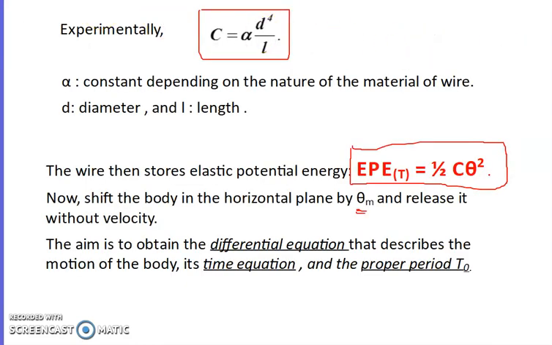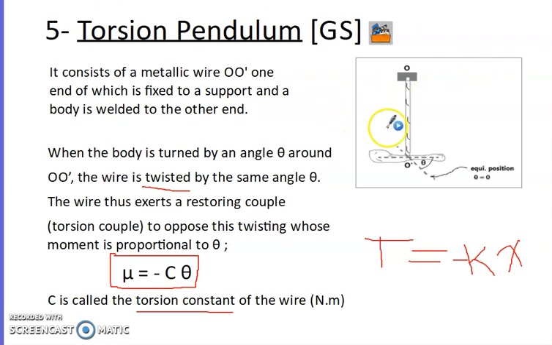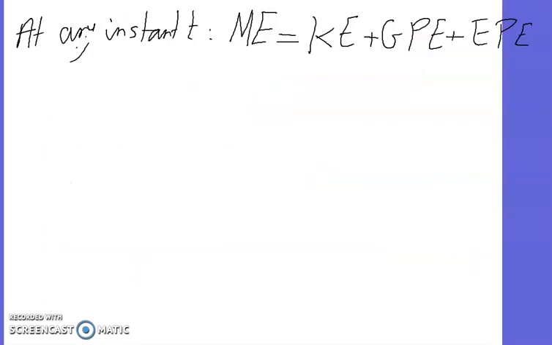Here is the pendulum. Let's choose the level of the body as a gravitational potential energy reference. Okay, here. So GPE becomes 0. And don't forget that this body, I mean the oscillator here, is a rigid body in rotation.